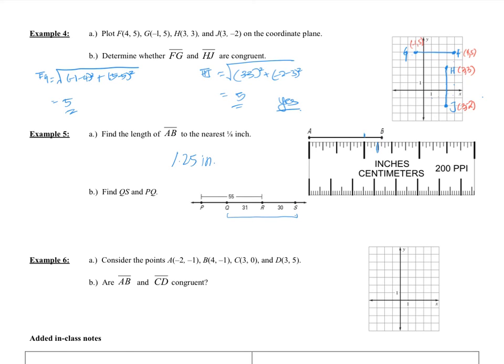And for part B, I want you to find the segment lengths QS and PQ. So for QS, I would do 31 plus 30. That would be 61.